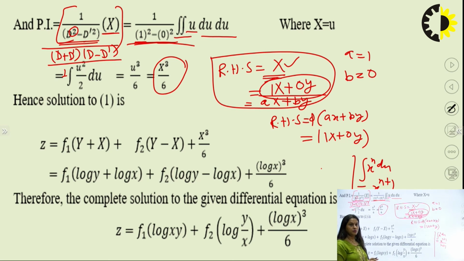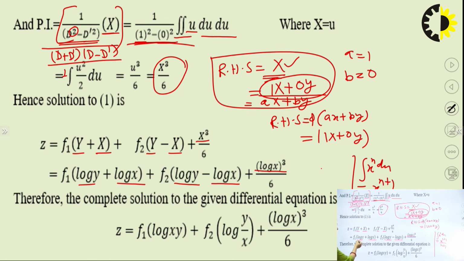Now once again, because our question was given in small x and small y, we have converted it into capital X and capital Y, but we always keep it in mind that the solution must be in small x and small y. So we will replace capital Y and capital X by log of small y and log of small x, and this capital X by log of small x.